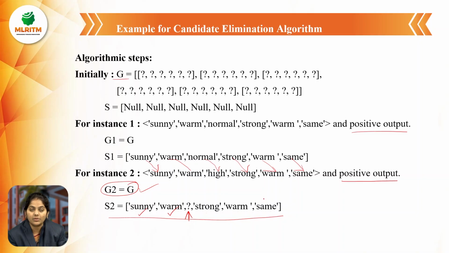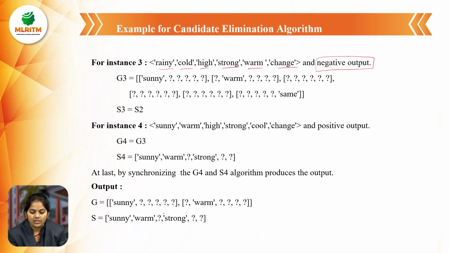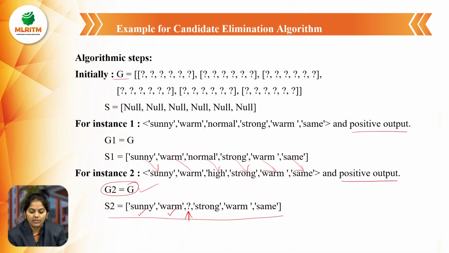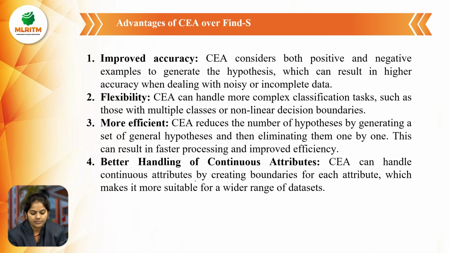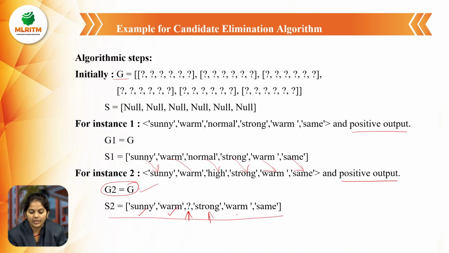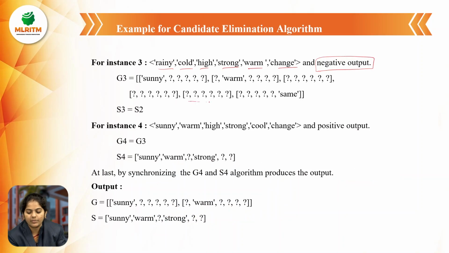We'll keep the similar values: sunny will stay the same, and warm will stay the same. Again we have a question mark, so we'll mark the question mark as the same, and strong will stay the same. Again we'll make a question mark, and the last will stay the same. So this is how we'll get our general hypothesis.